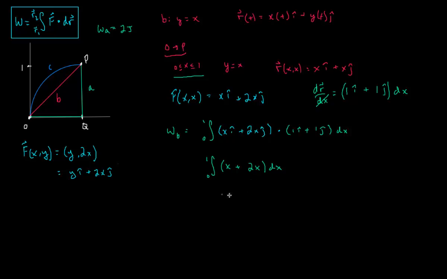That's equal to 3 times the integral from 0 to 1 of x dx. Not so bad. The integral of x is x squared over 2, evaluated from 0 to 1, so that's just 1.5. Okay, and that's my answer. And of course it's in joules.